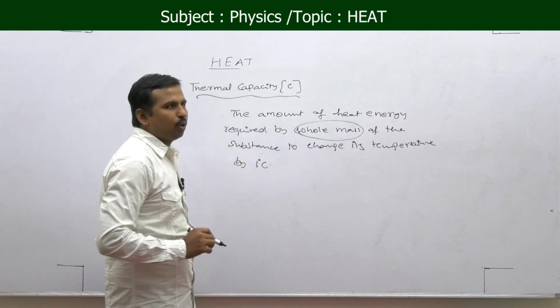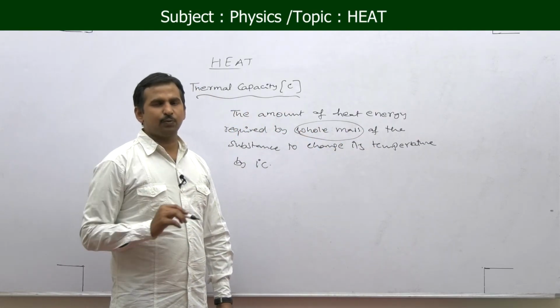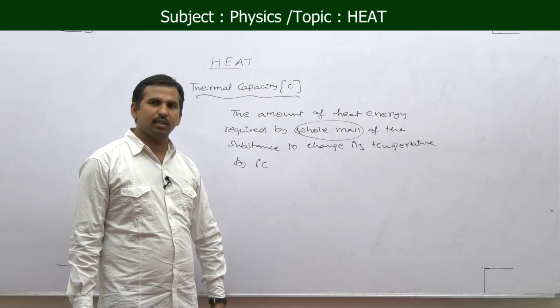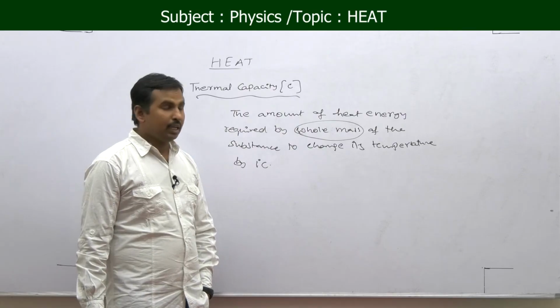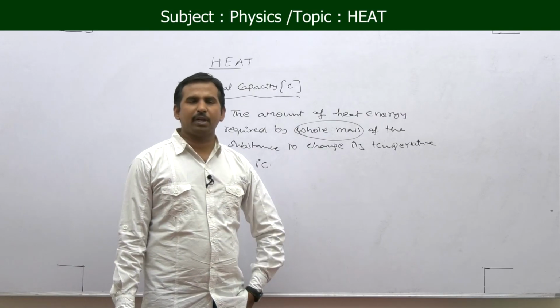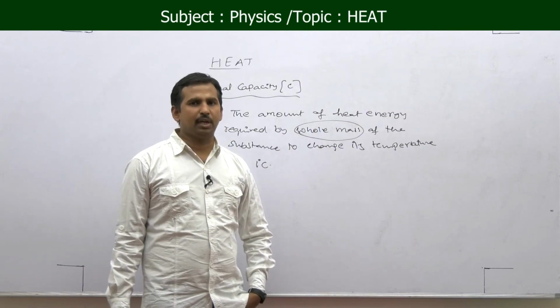Here we are considering the whole mass of the substance, whereas for specific heat we are assuming a unit mass of the substance. The important thing to understand is that specific heat capacity does not depend on the mass of the substance.